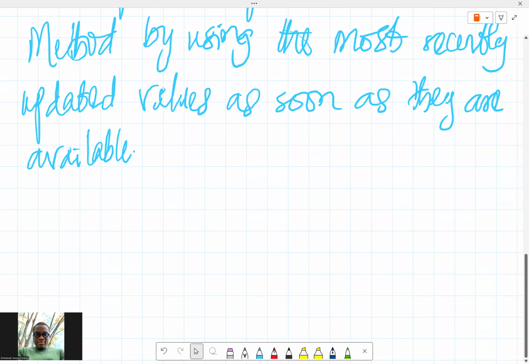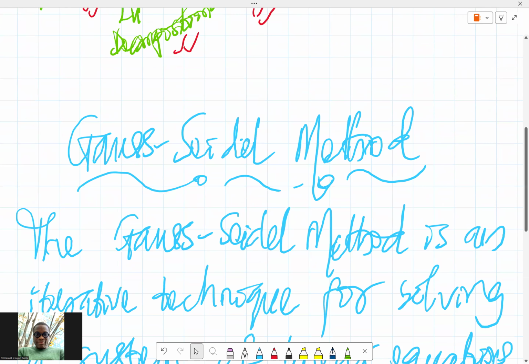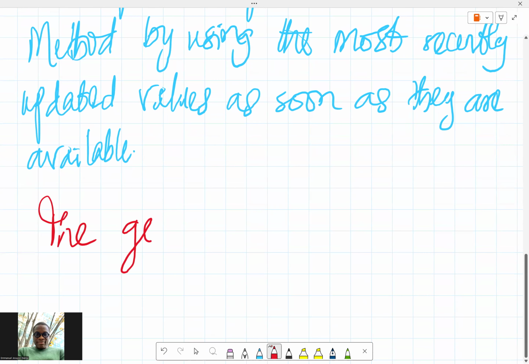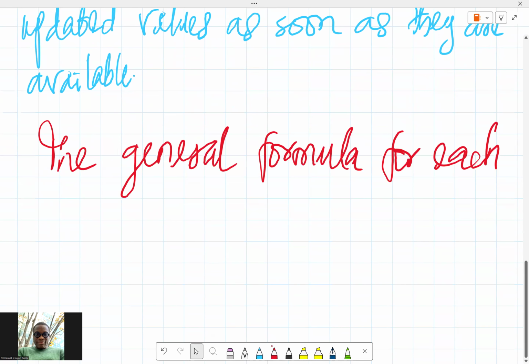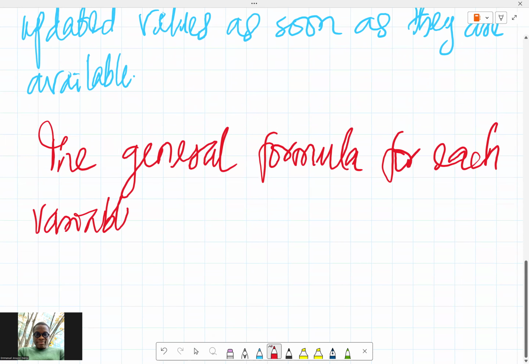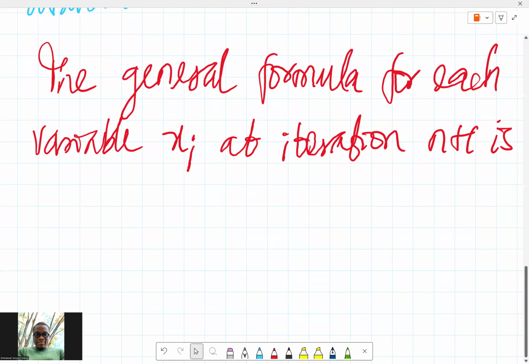So let's talk about the general formula in this situation. The general formula for each variable, x sub i at iteration n plus 1 is what you have down here now.